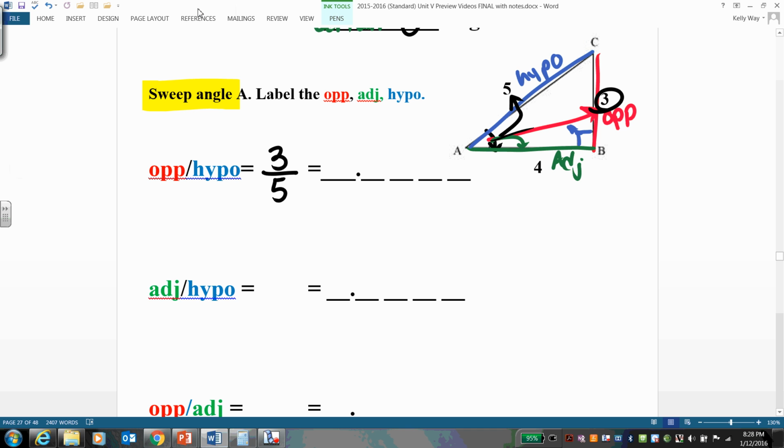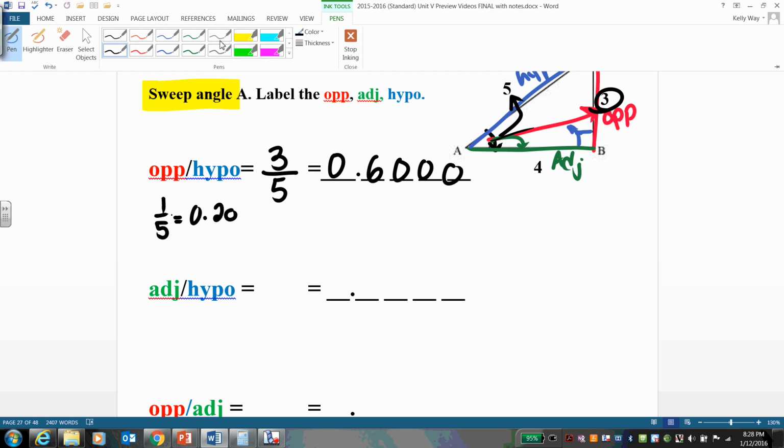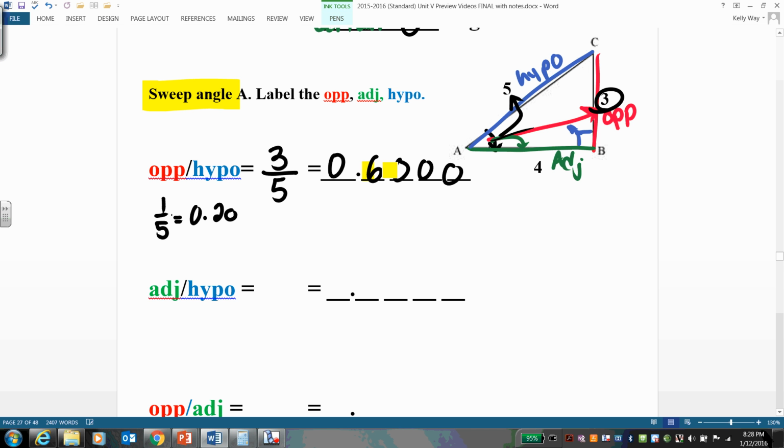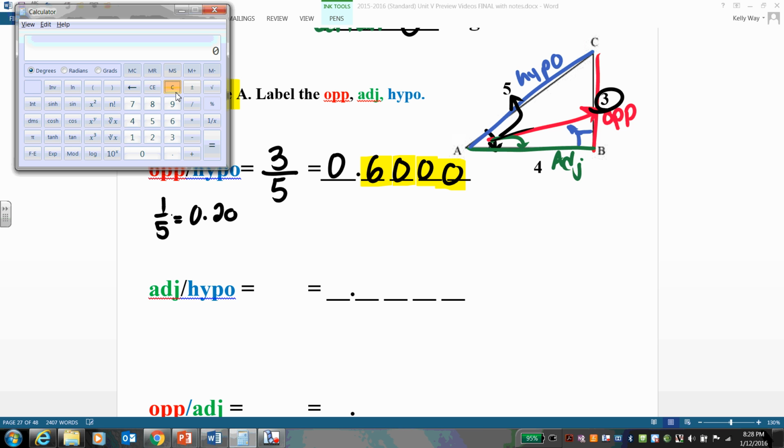I already know what 1/5 is. 1/5 is 0.20. So 3 of them is going to be 0.6000. And you always want to take these out to the 4th decimal place: 1, 2, 3, 4. And you find these ratios. If you don't trust me, here's my calculator. 3 divided by 5 is 0.6, followed by zeros.